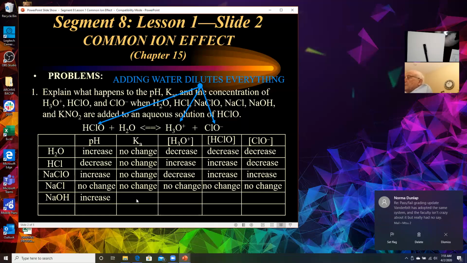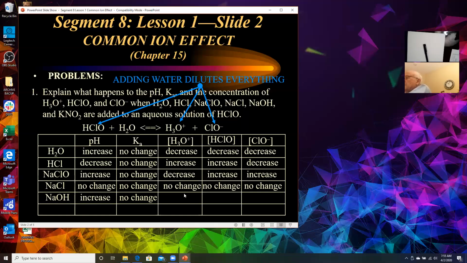It would increase. Ka certainly isn't going to change. This concentration, we already said, would decrease. And decreasing this one shifts the equilibrium to the right. So that would cause this one to decrease and the hypochlorite ion concentration to increase.